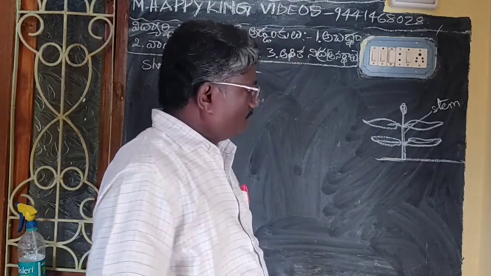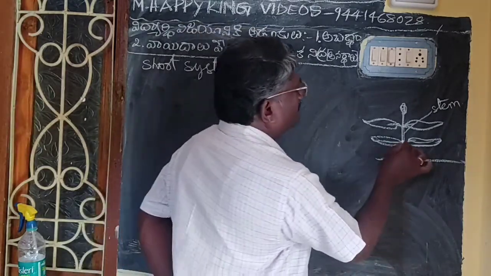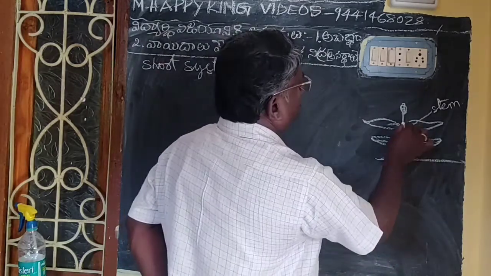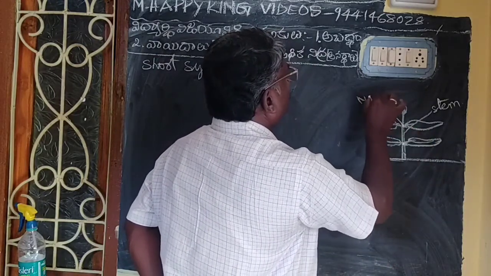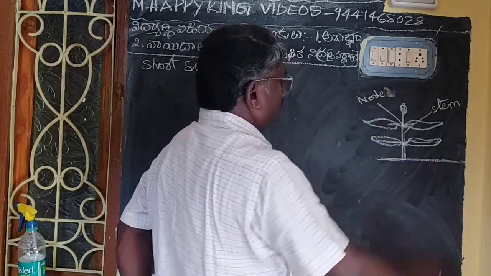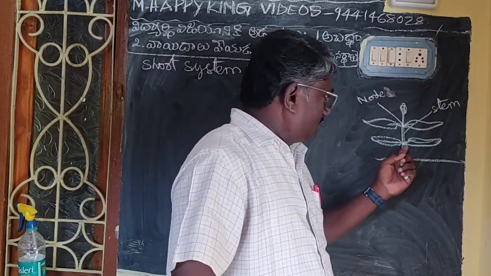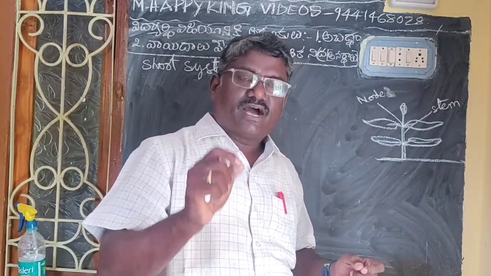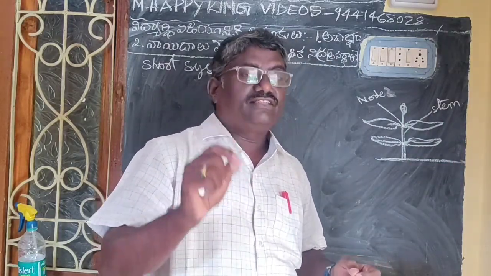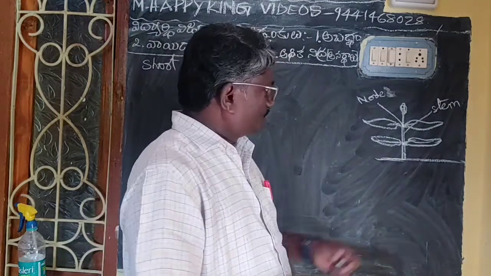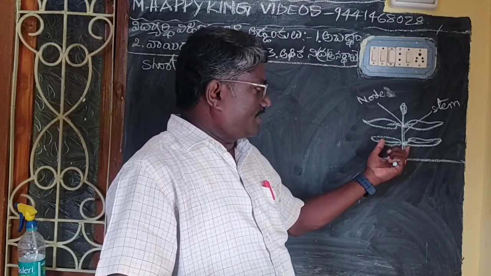Here we can see the nodes. Node is the place of the plant where the leaves arise. So leaves are growing from these nodes.